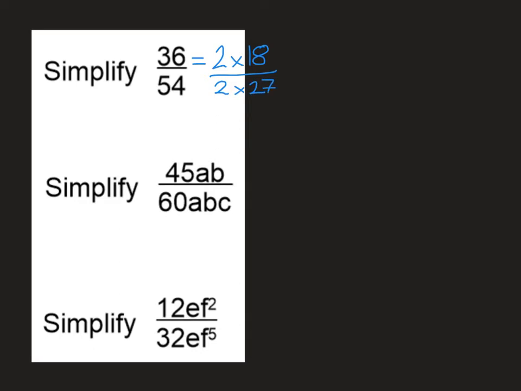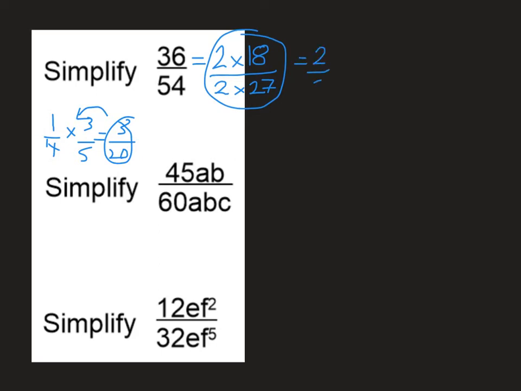If you remember how multiplying fractions works, like 1/4 times 3/5, you multiply the top and multiply the bottom. I can use that idea in reverse, so I could have gone from this to this. I'm going to change that to 2/2 times 18/27.